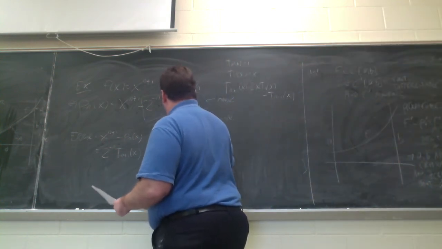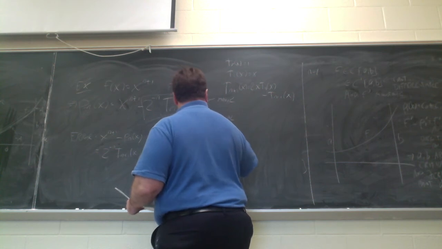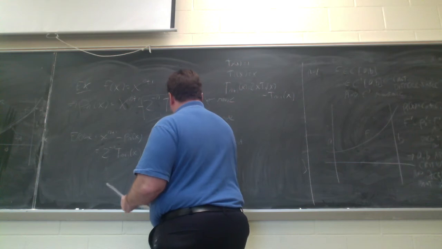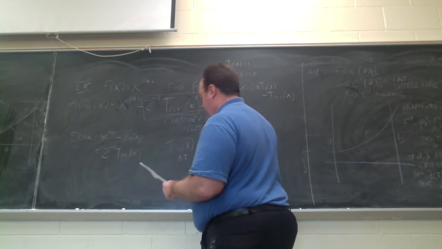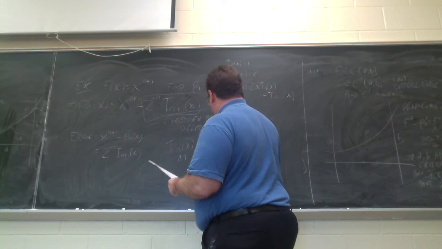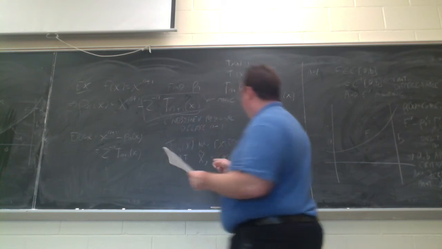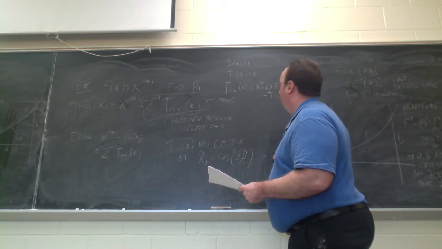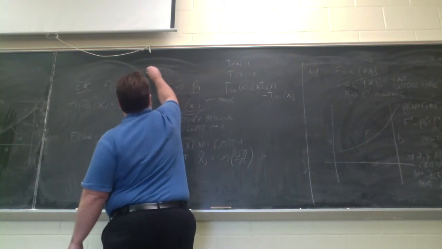So in general, Tn has its extrema at these points: xj tilde, which is cosine of j pi over n. And because it's a cosine, I'm sorry, I forgot to specify the interval.